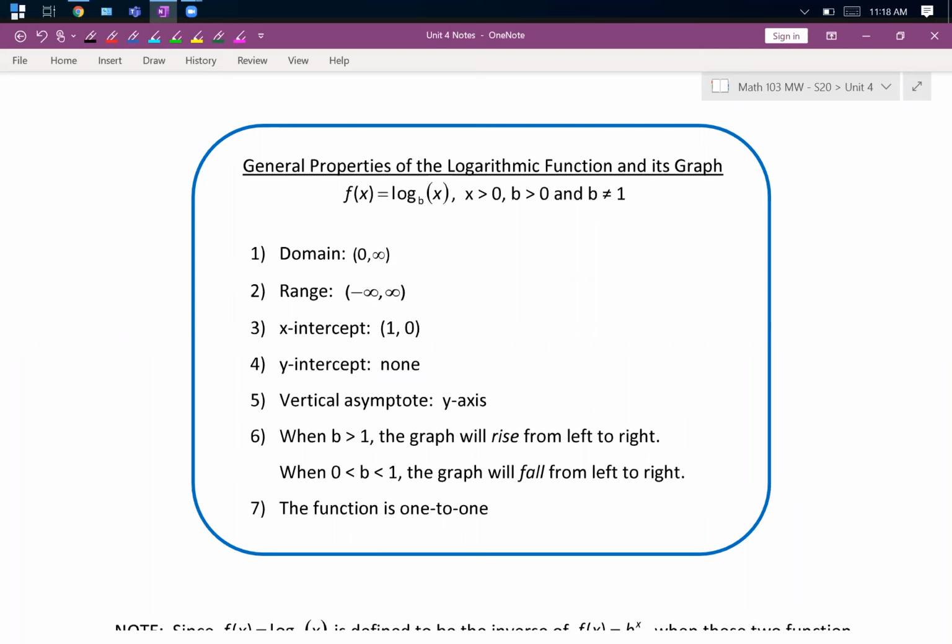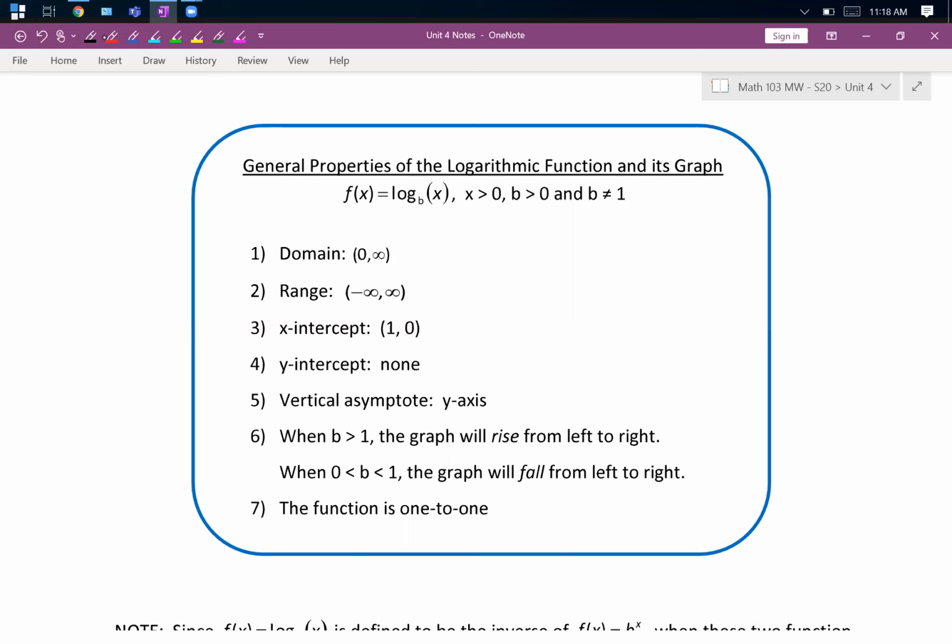We know that when we transform things, our domain and asymptote, things like that, are going to change. So for our basic f of x equals log base b of x, where x is positive, b is positive, and b is not 1, the domain is 0 to infinity. And the range is negative infinity to positive infinity.